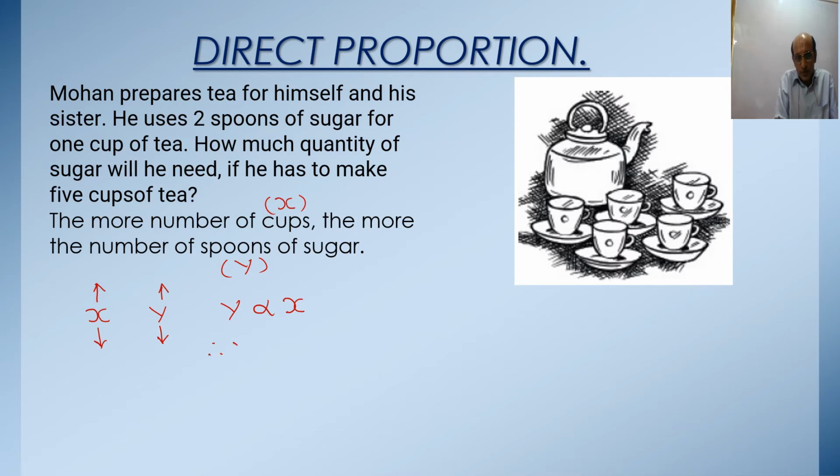So we write Y is equal to the constant of proportionality K into X. Therefore, we can write Y upon X, this ratio, is constant. That is, in direct proportion, the ratio of two values or two quantities remains constant.